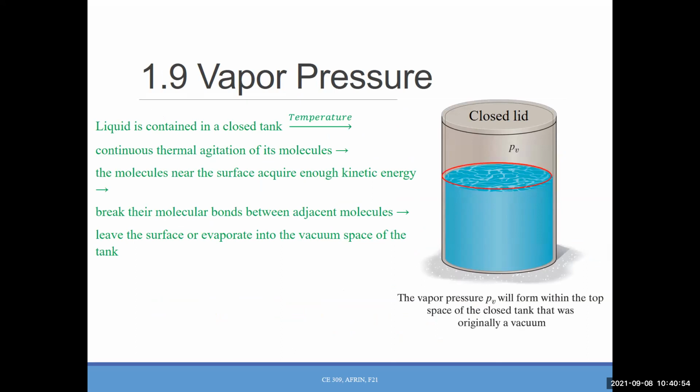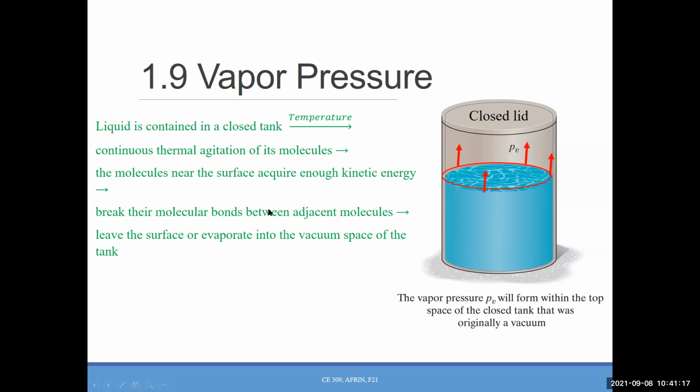The molecules near the surface, with extra energy, will be able to break all the bonding between the particles, and they will try to move in the upward direction.